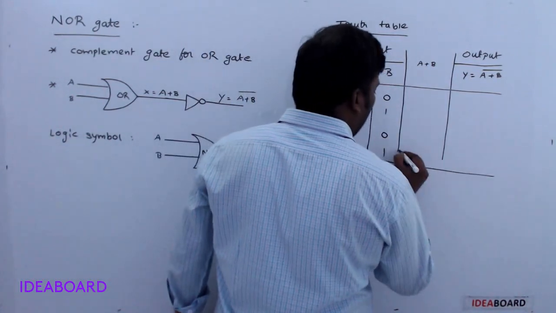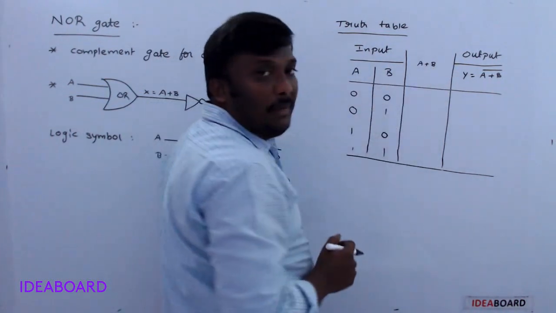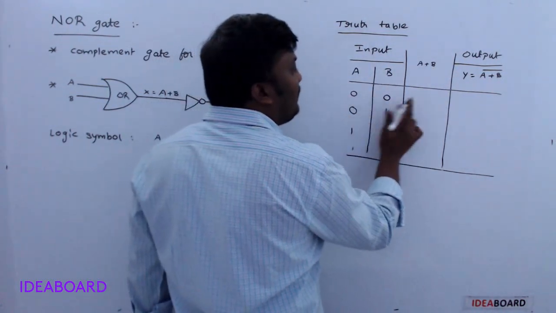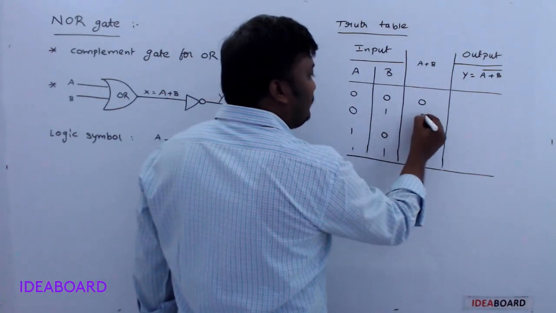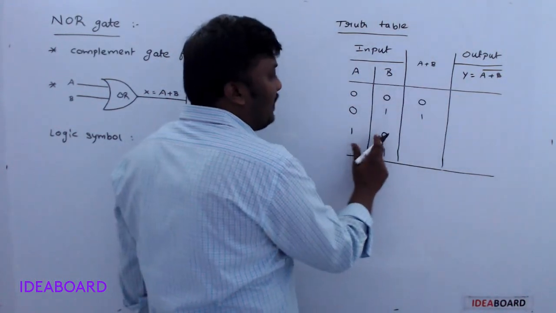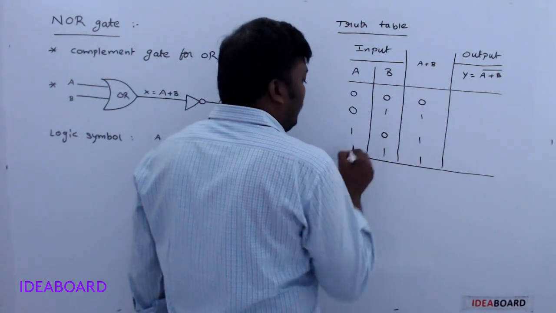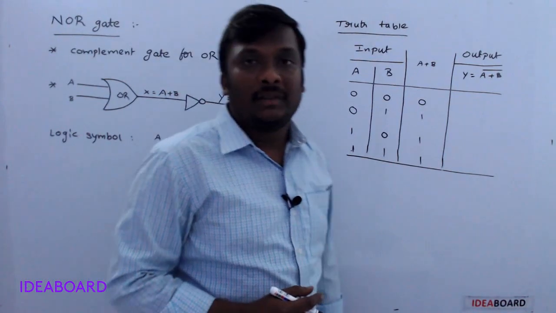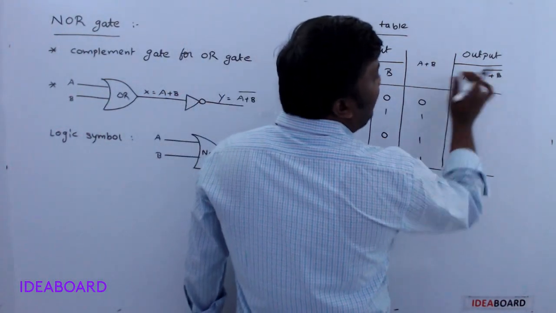Now, first of all, make A plus B. We know 0 plus 0 is 0. 0 plus 1, 1. 1 plus 0, 1. 1 plus 1, 1. In OR gate, we explained this. Now, complement of this gives the output.